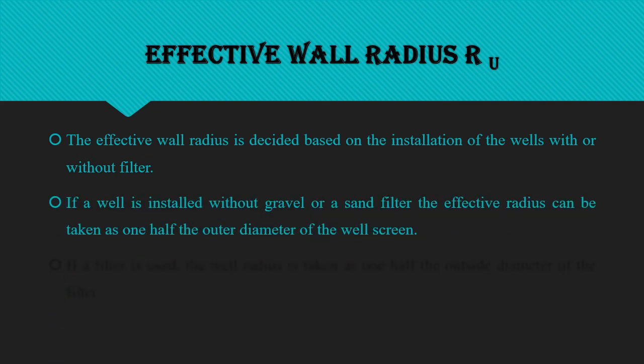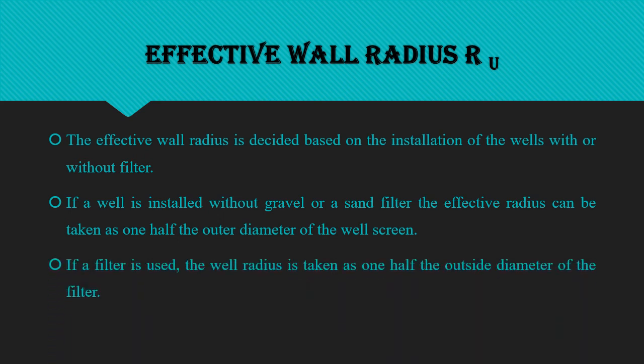If a well is installed without gravel or a sand filter, the effective radius can be taken as 1/2 the diameter of the well screen. If a filter is used, the well radius is taken as 1/2 the outside diameter of the filter. By mistake I have put it as effective wall radius, so correct it as effective well radius.